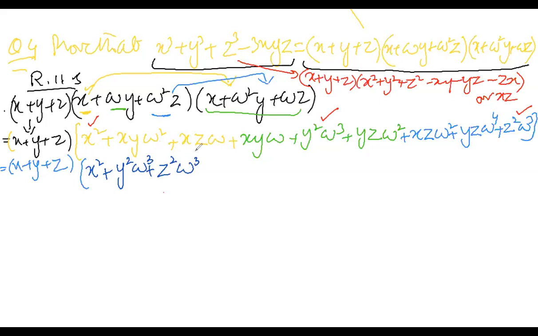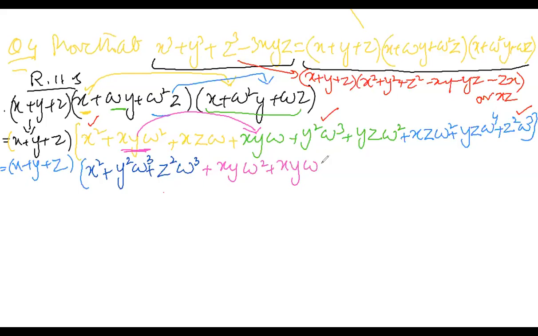So xz values we have x and y values. Let me find the values here. xy values is here and similarly xy values is here. Two values I will get from here. Plus xy omega square plus xy omega.